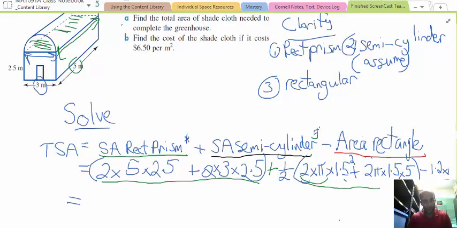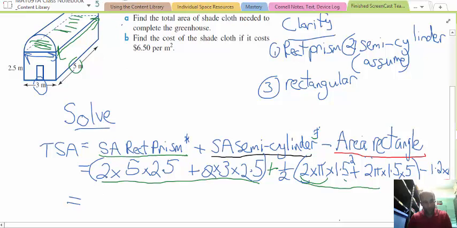So we've got 2 by 5 times 2.5 is 10 times 2.5, which is 25, plus we've got 2.5 times 3 is 7.5 times 2 is 15. So we've got 15 there.